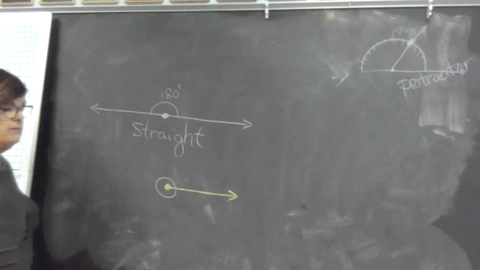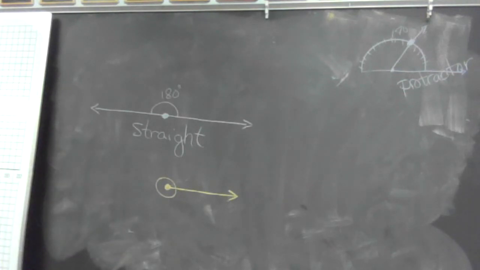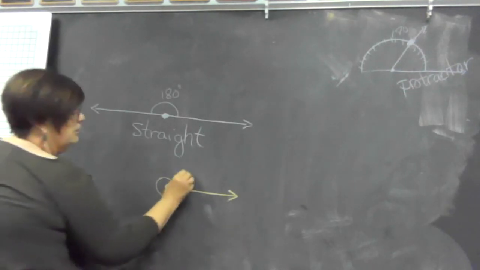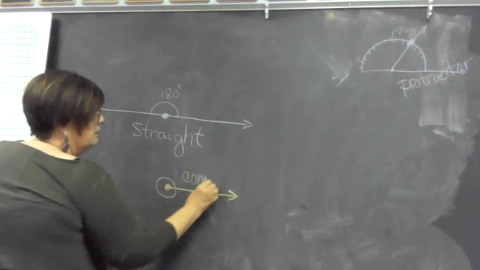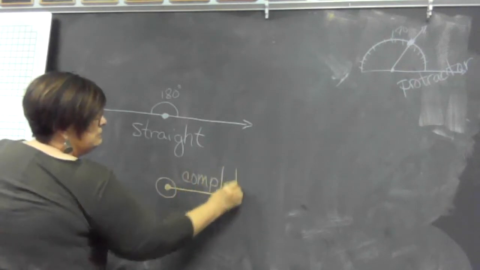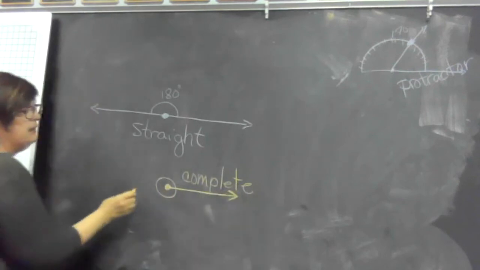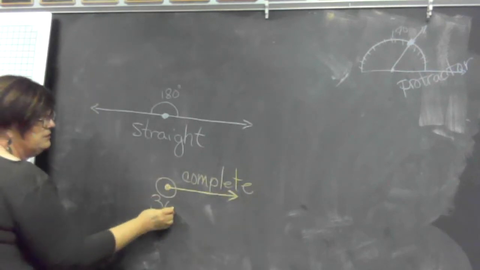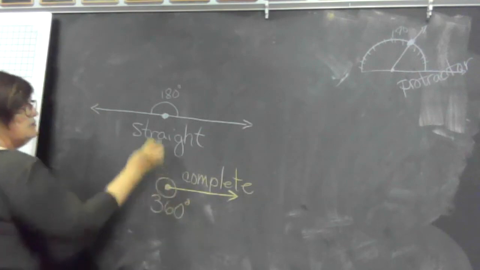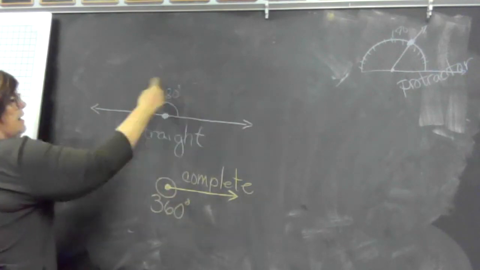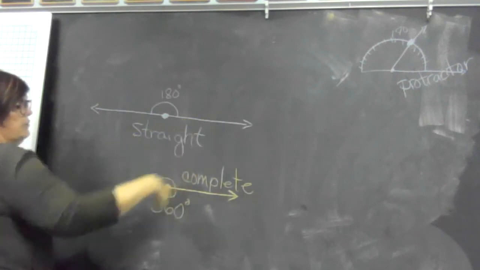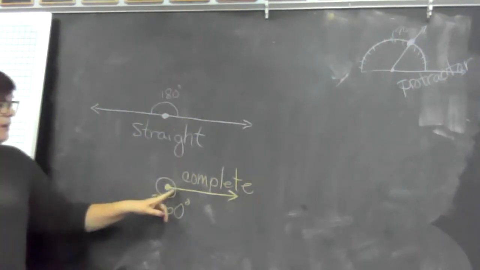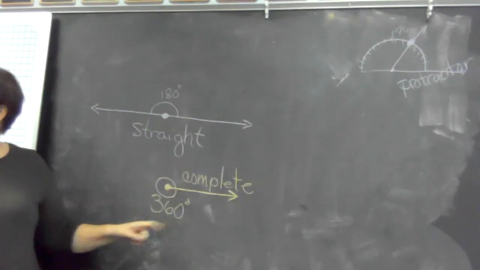This is a complete angle. I'm learning lots of new words. And a complete angle that goes all the way around will always be 360. It's twice as much as this, because this went halfway. That one goes all the way around. All the way around is going to be 360 degrees.